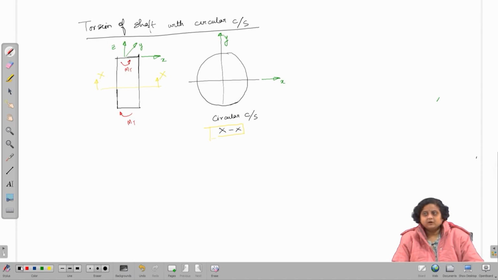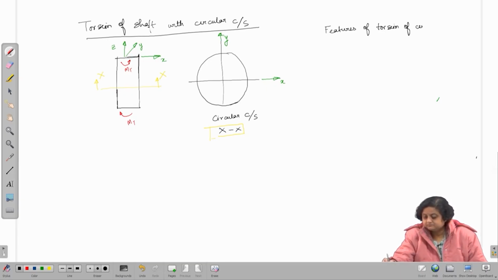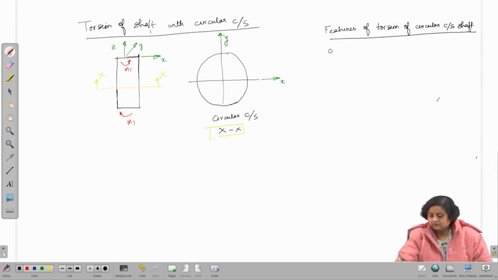As many of you might know, there are certain features of torsion of a circular shaft. So, let me quickly write them down.